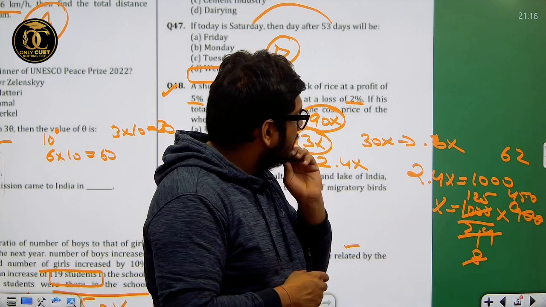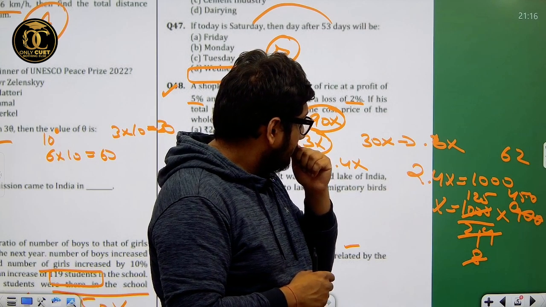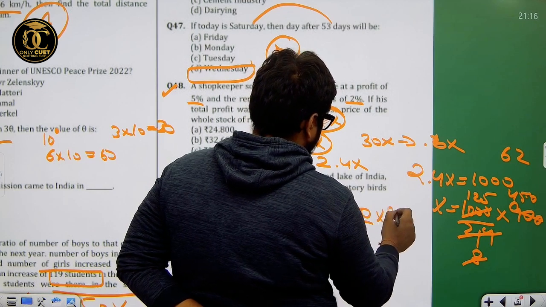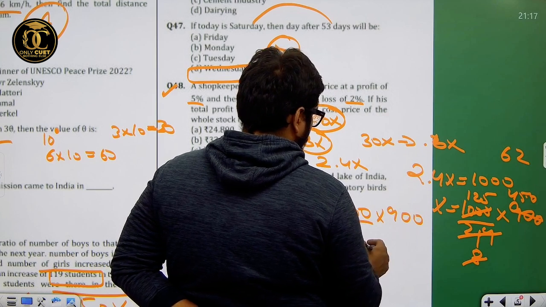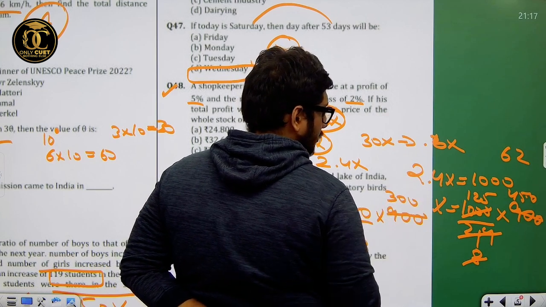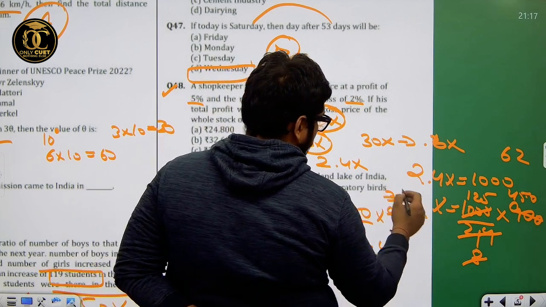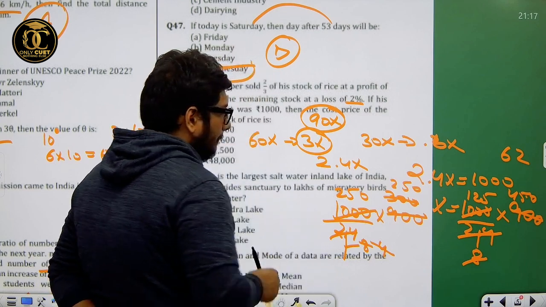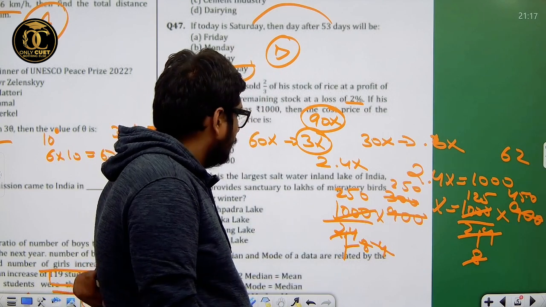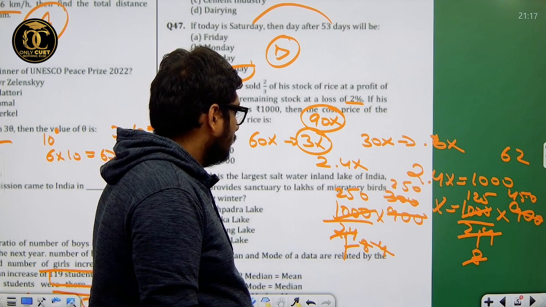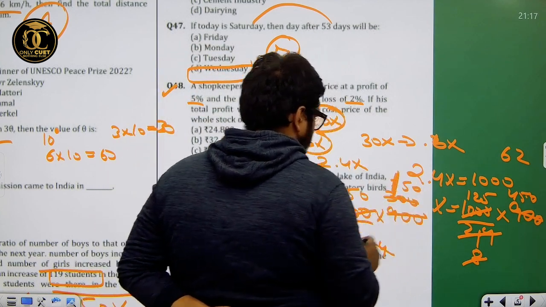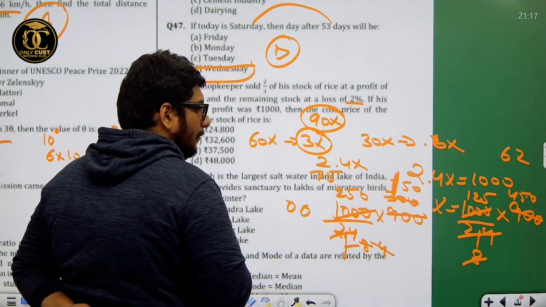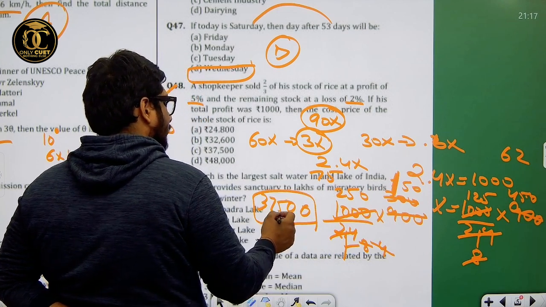Some mistake must be there. Let us check again. 1000 upon 2.4 into 90. 24, that is 8, 300. 450. 150 zeros are 0. 150 5s are 750. 0, 75. 150 2s are 300 plus 75, 375. 375, 37,500.